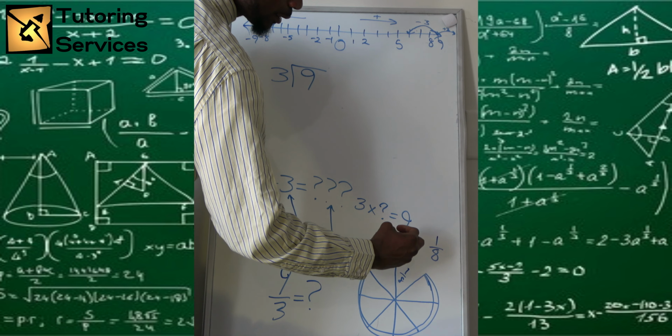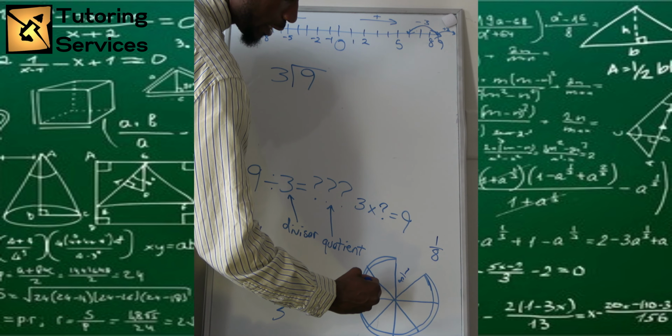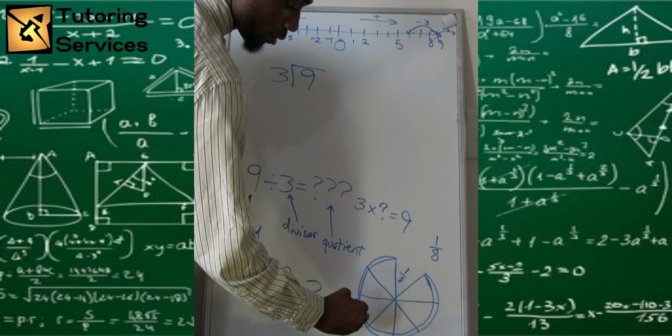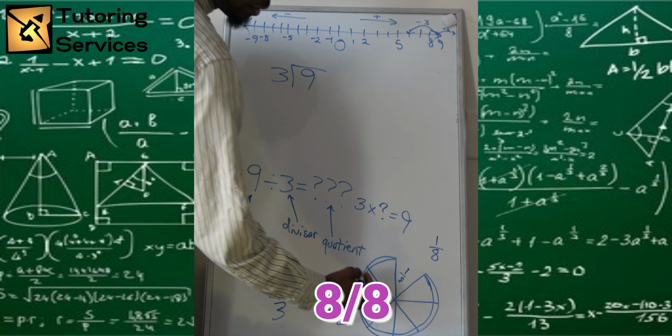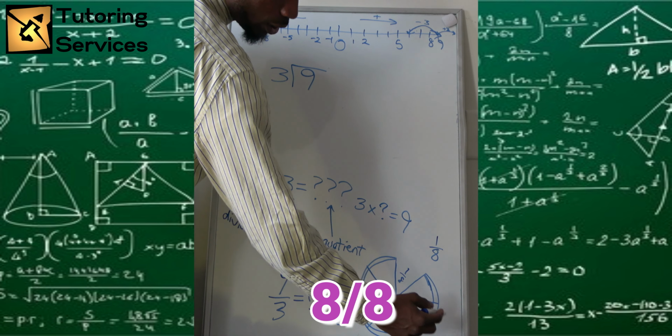All 8 slices is 8 out of 8. You could cut it into more slices if you want, and then your slices would be a smaller fraction, but that is what a fraction is.